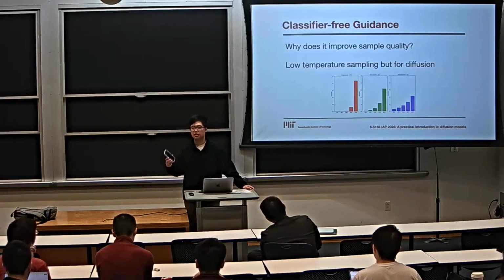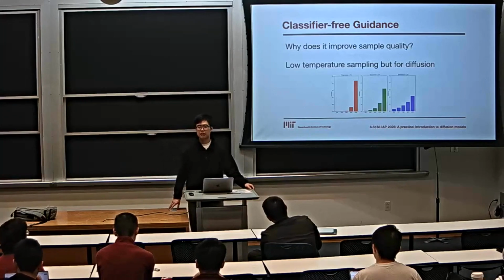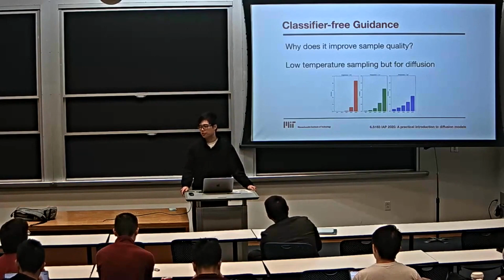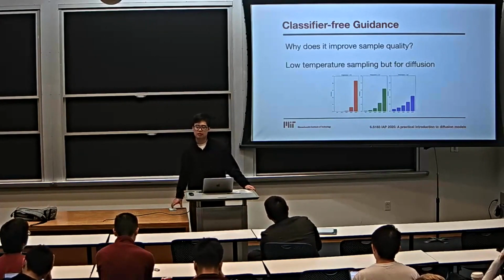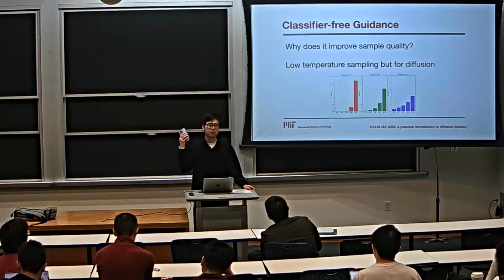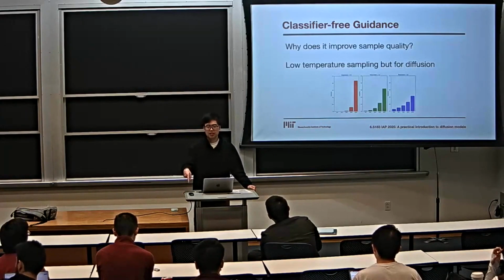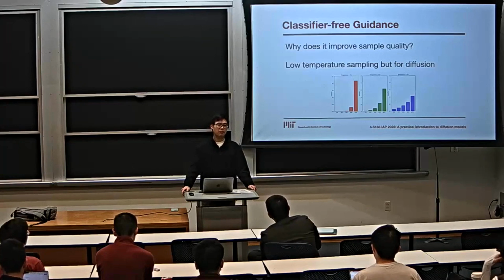I picked up the phone on the table, something like that. And obviously, you can assign a number to each of these words. For example, you can assign 0.6 probability to phone. You can assign 0.1 probability to apple, 0.1 probability to remote controller, something like that. This is a ground truth distribution you want to sample from.